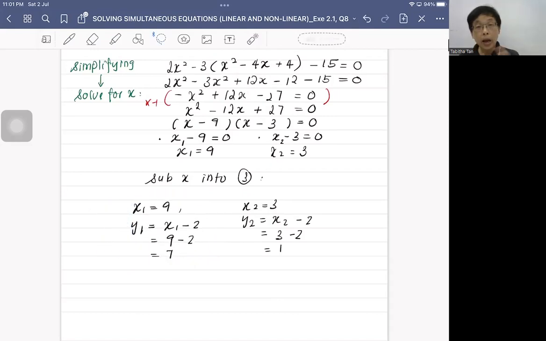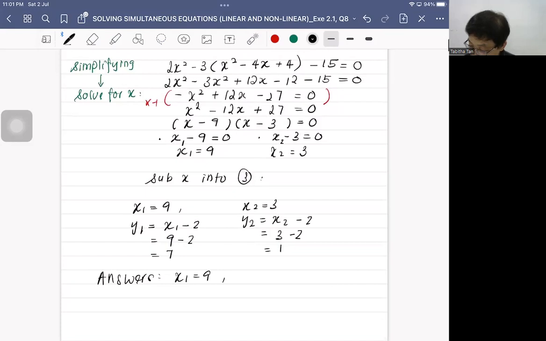Okay, so now we can organize our answers to make it a clear and well organized answer. So when x1 is 9, you have y1 as 7, and when x2 is 3, y2 is 1. In the same manner, if we show this in coordinate form, it will be (9, 7) and (3, 1).